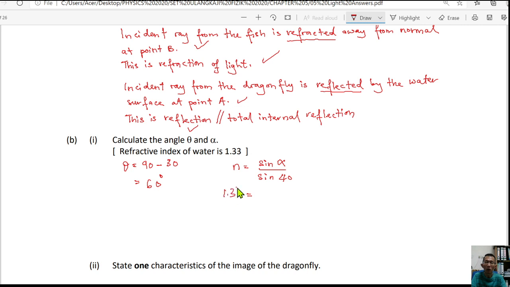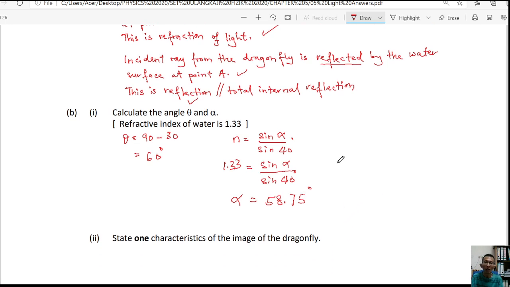In this case it is 1.33. So sine of alpha divided by sine of 40 degree. Now you can calculate your alpha, and your alpha is about 58.75 degree. So that is your alpha.